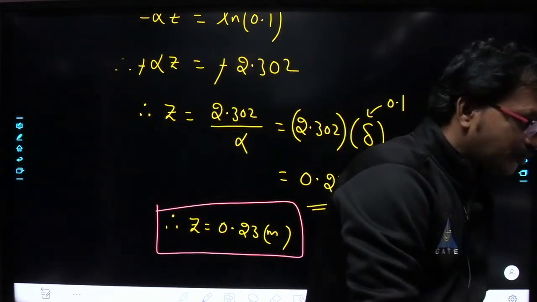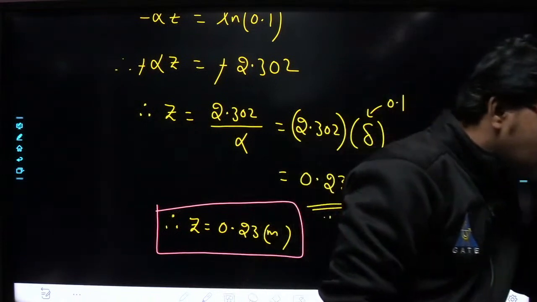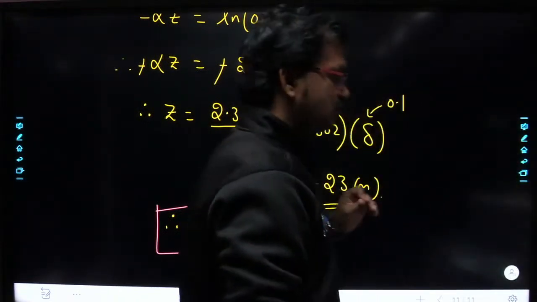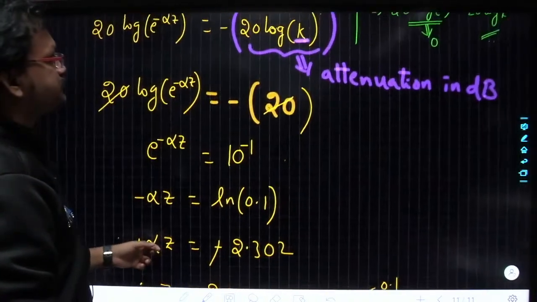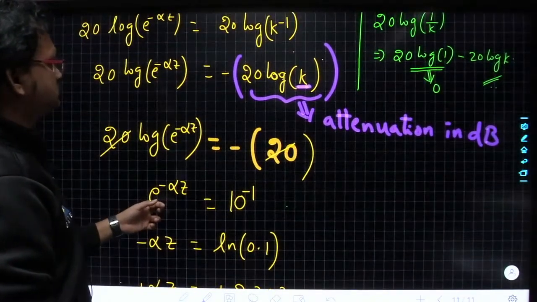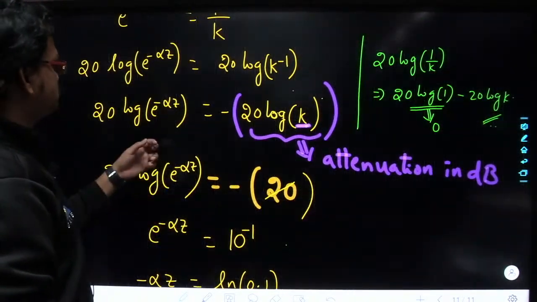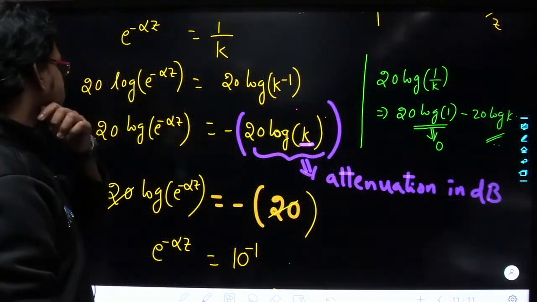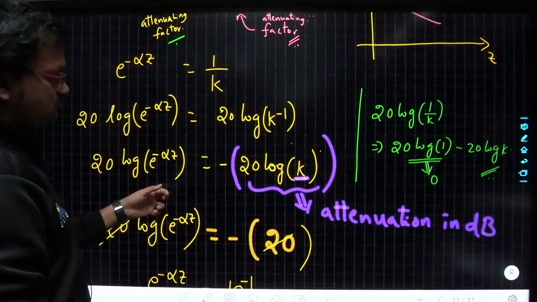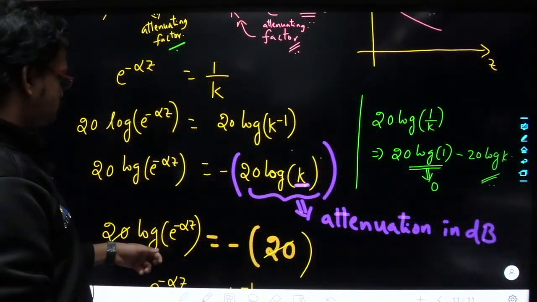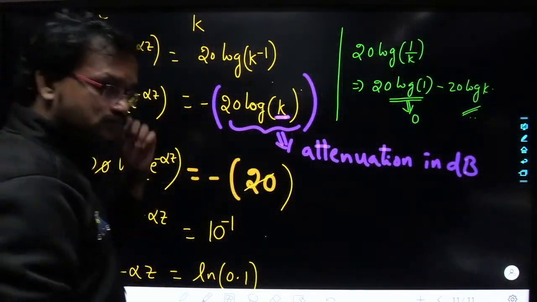K equal to exponential e power minus alpha z. What are you saying here? Is it clear?